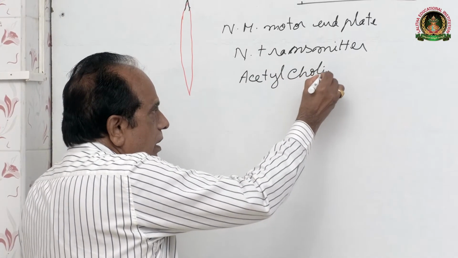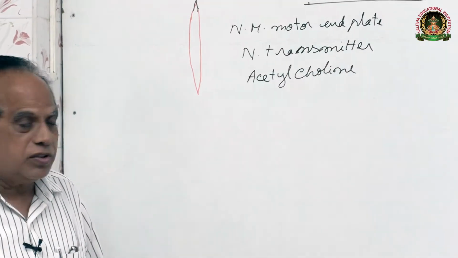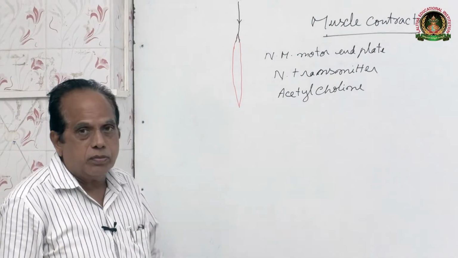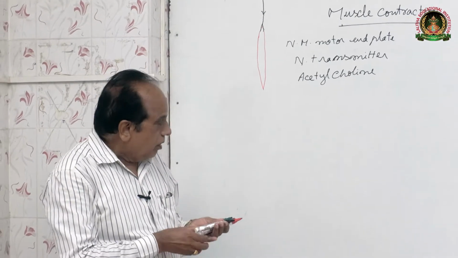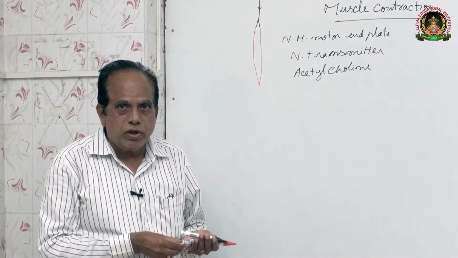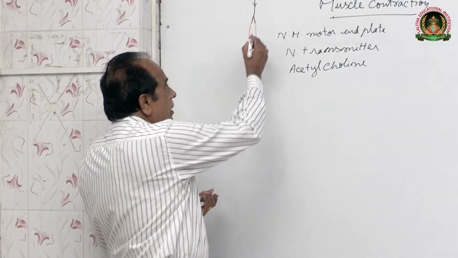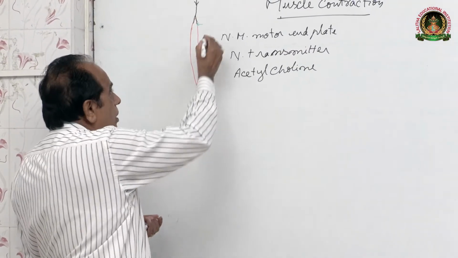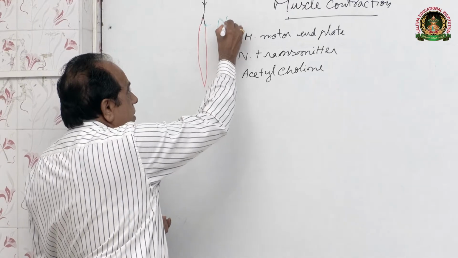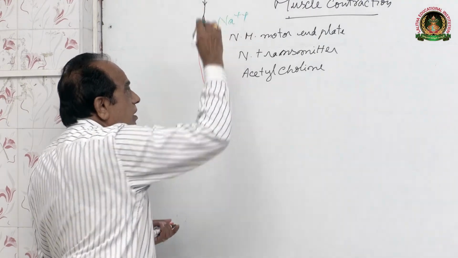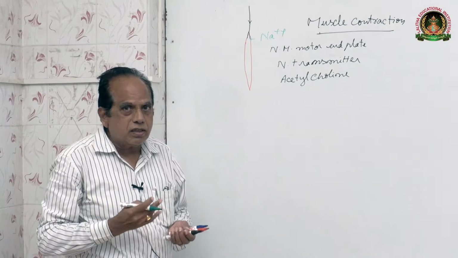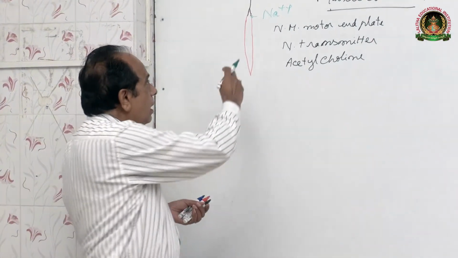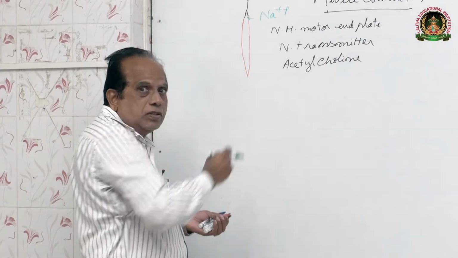Acetylcholine is released at the junction of the nerve fiber and muscle fiber. Because of the acetylcholine, the permeability of the sarcolemma towards sodium ions is increased. As a result, the sodium ions present in the ECF are pumped inside into the muscle fiber.